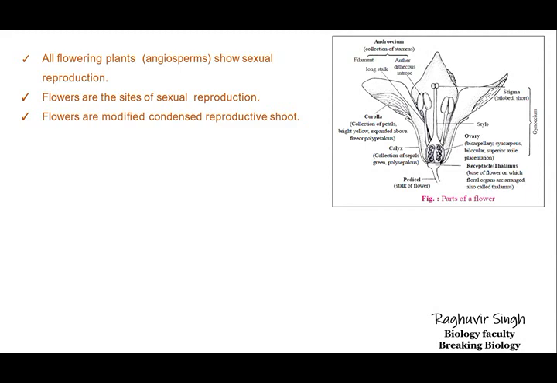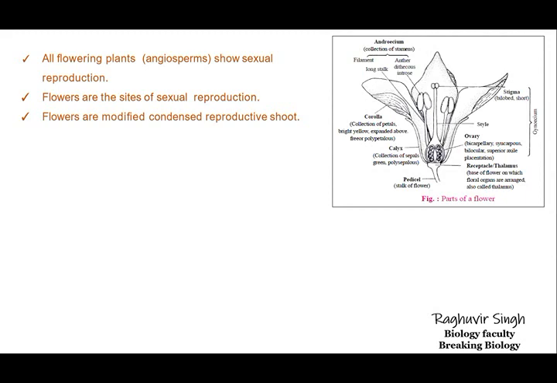Flowers contain four whorls: the calyx, corolla, androecium, and the gynoecium. The calyx and corolla are called the accessory whorls or the non-essential whorls of a flower, whereas the androecium and the gynoecium are called the reproductive whorls or the essential whorls of the flower. All these four whorls are arranged on the receptacle called the thalamus.